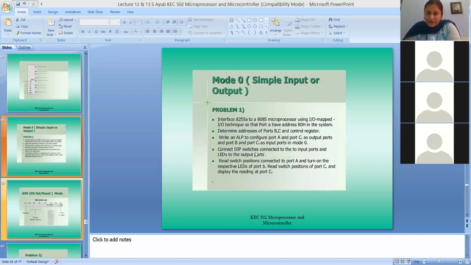When we talk about memory mapped, the addresses are 16-bit addresses. But we have seen that there are two instructions, IN and OUT, which we use with the port. It uses an 8-bit address, and this 8-bit address is called the input output map technique.